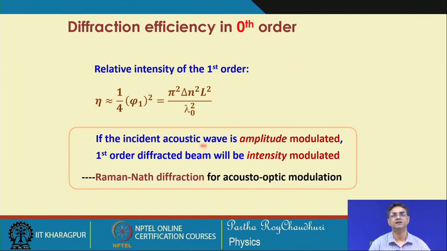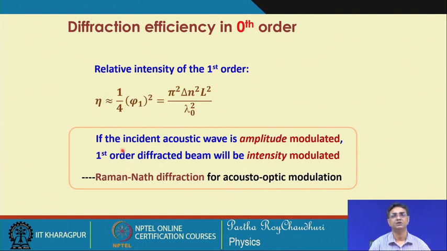So, if the incident acoustic wave is amplitude modulated, you can see that if you modulate the amplitude of the acoustic wave, this delta n square modulation will come from this acoustic wave, because if you change the value of delta n, the efficiency will also be modulated.